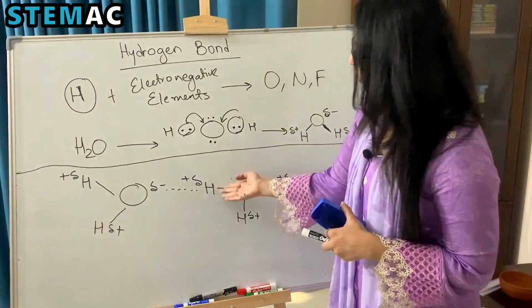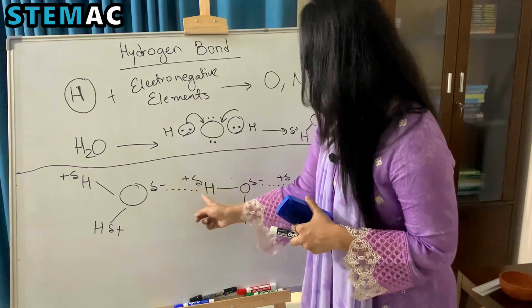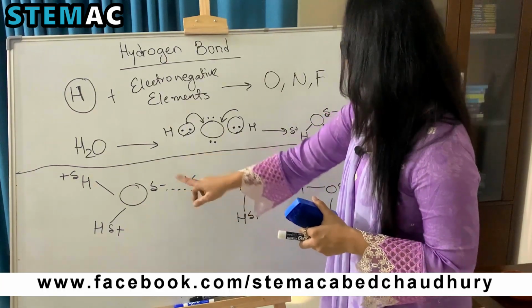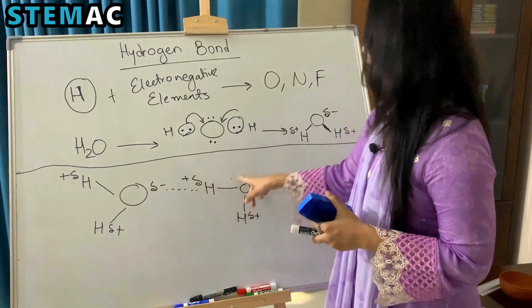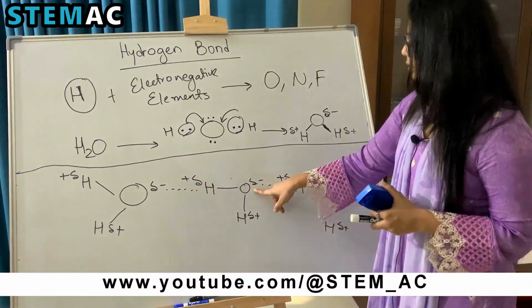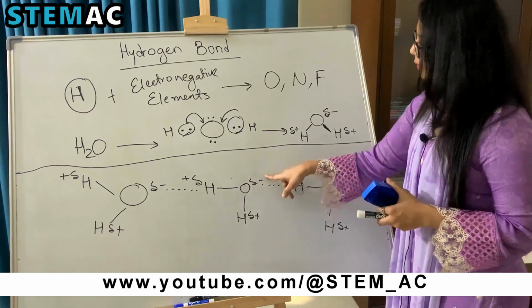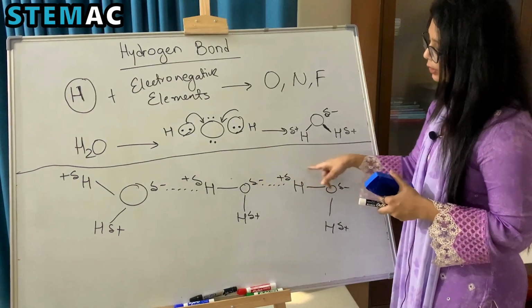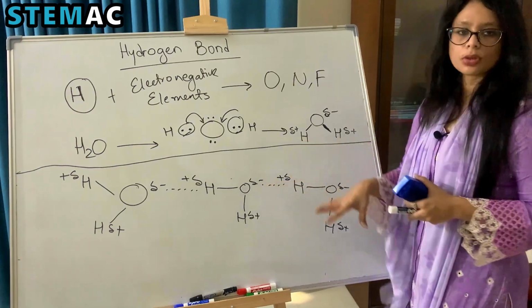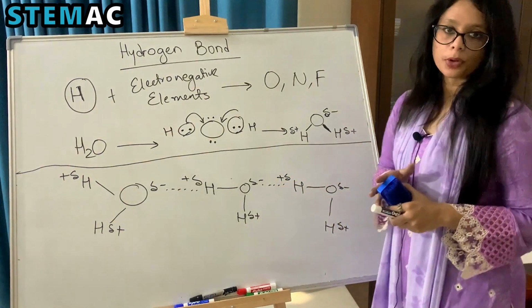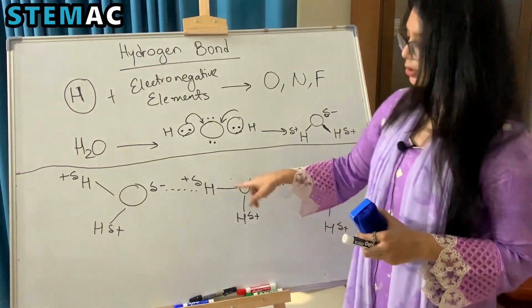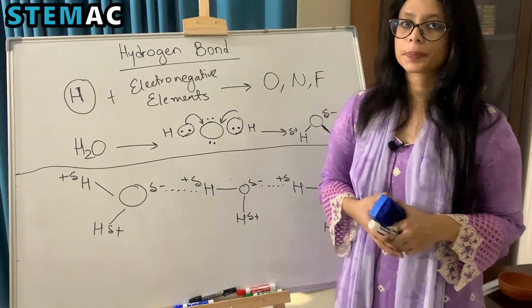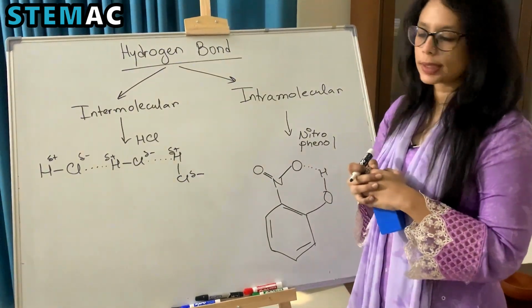To show the opposite charge attraction, the oxygen of one water molecule, with its partial negative charge, is attracted to the partial positive charge of the hydrogen atom of another water molecule through a hydrogen bond, and so on. The hydrogen bond is represented by these dots, and this is how the hydrogen bond is present in water.